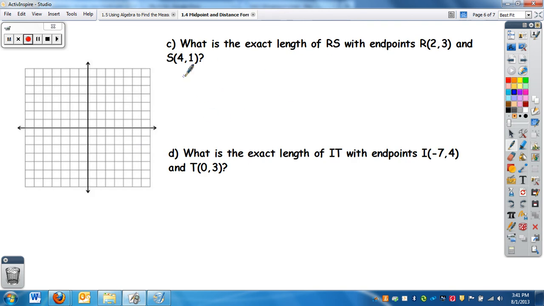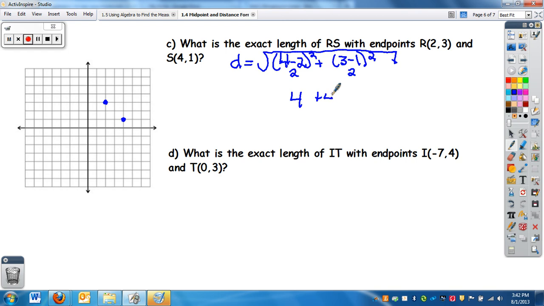Alright, so here we're going to find the length of RS. So we have 2, 3, and 4, 1. Plugging into my distance formula, we have the square root of everything, which is last. We're going to go 4 minus 2, take that squared, plus 3 minus 1 squared. 4 minus 2 is 2, squared is 4. 3 minus 1 is 2, 2 squared is 4.